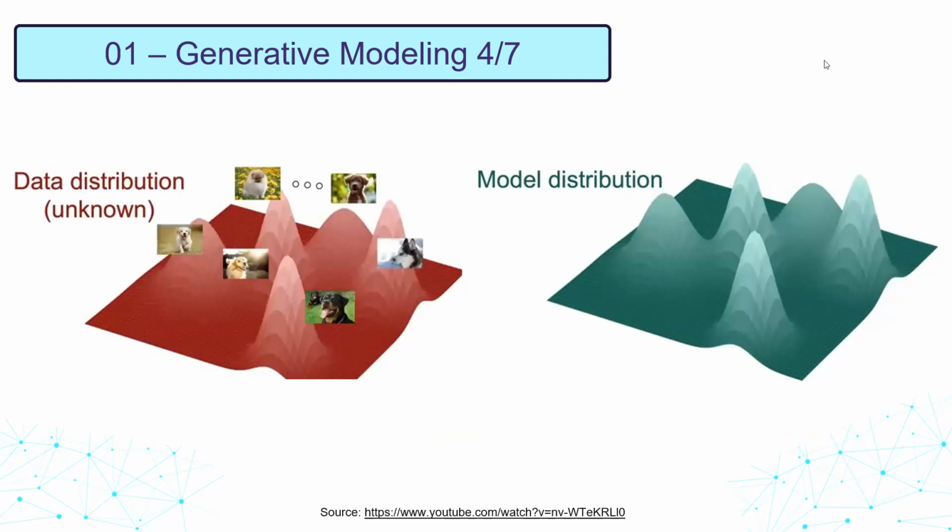So we don't actually know how, for example, the cats and dogs in this image are generated. And we need to estimate it. So we make a model that produces an estimation of the probability distribution. And now that we have this model, we can, for example, sample at different points in the distribution and just use those samples as new data, right?